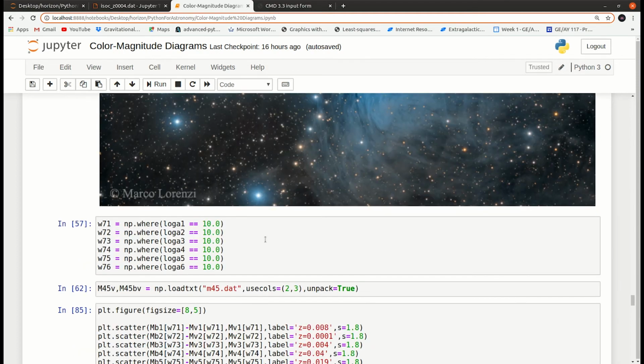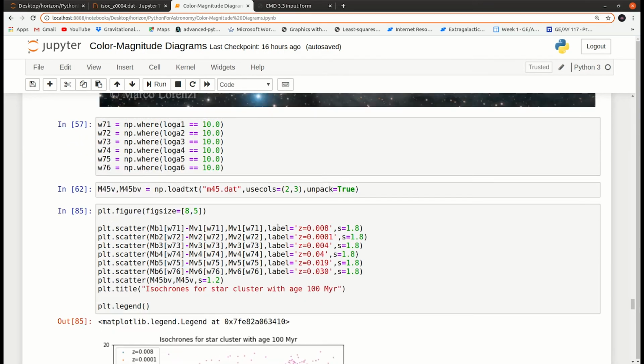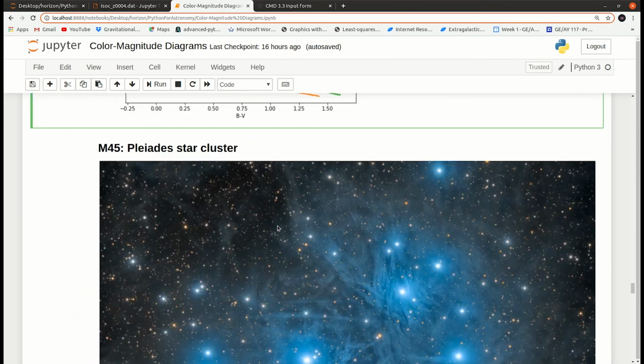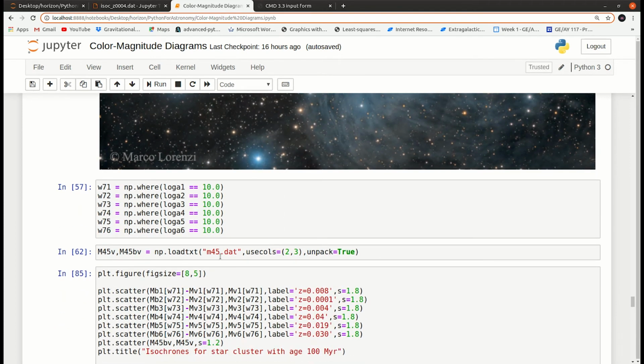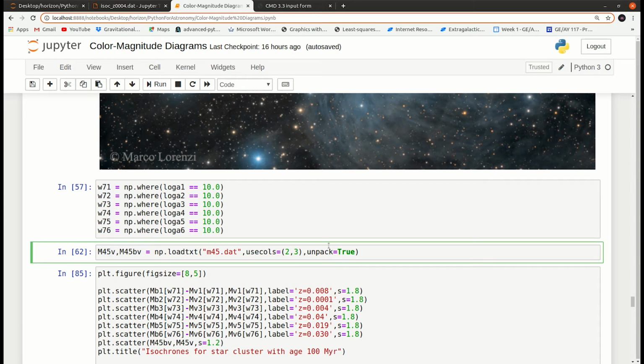Okay, so I have this data file here called m45.dat, which has columns of V and BV, which means I have already calculated B minus V and stored it in a column, and I have a column which gives you V. So I take that out.